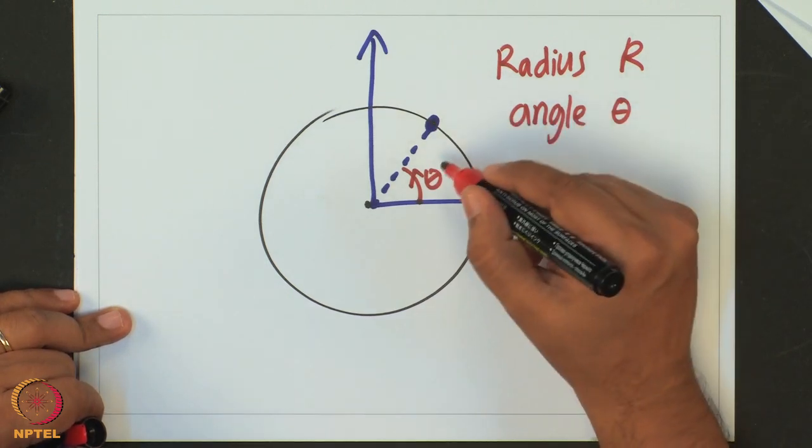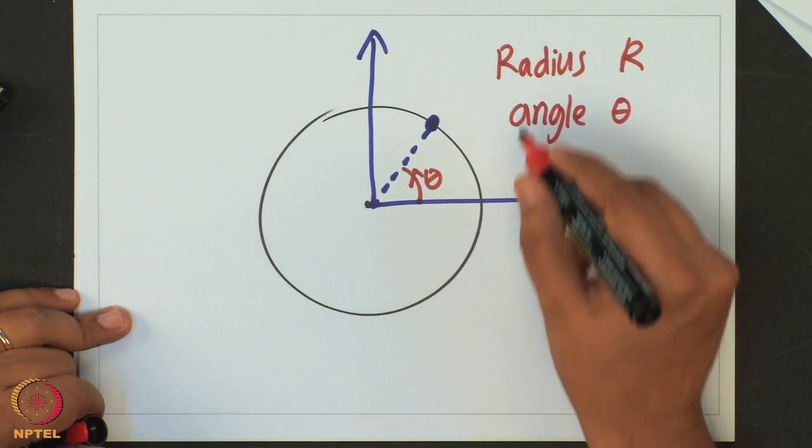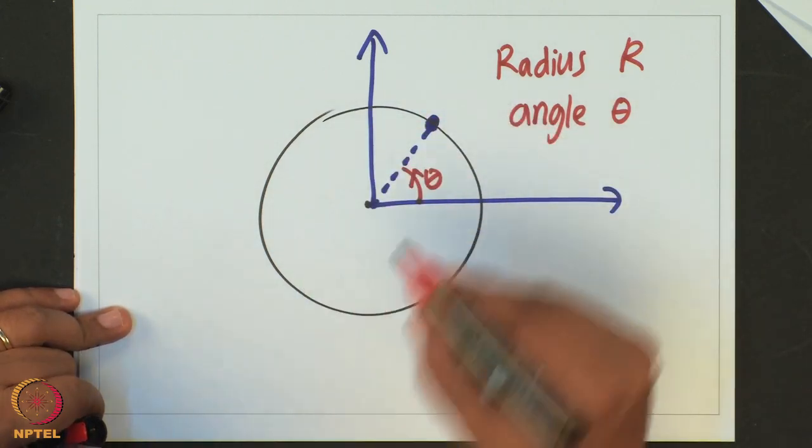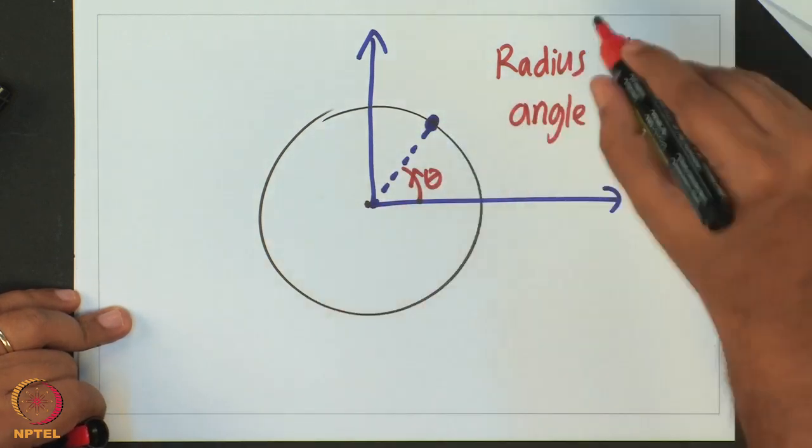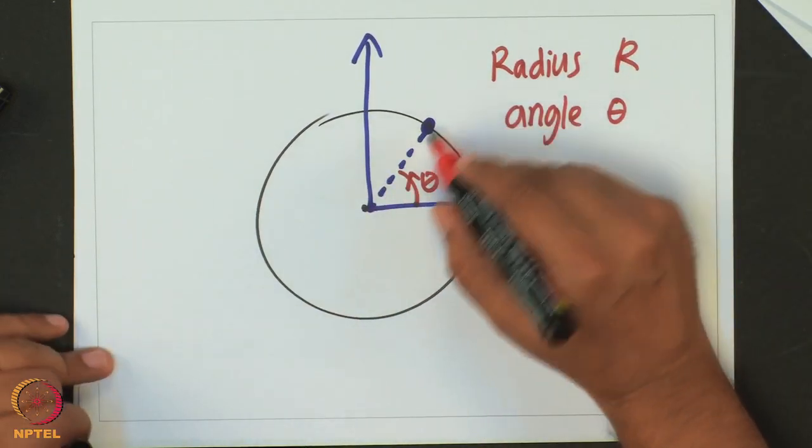So in general, any point in this 2D plane can also be obtained if I know an angle from the x-axis and also the distance along a radial axis.